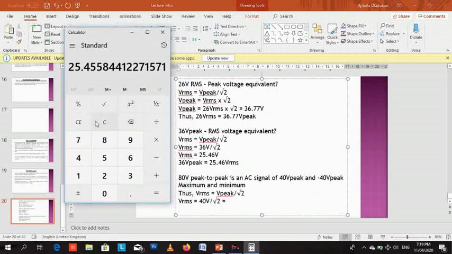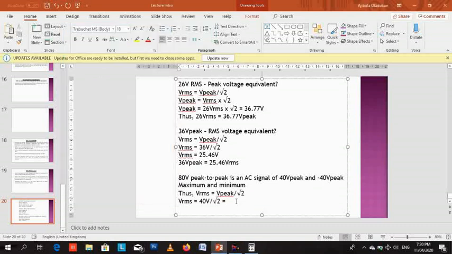The RMS voltage is 40 divided by root 2, which is 28.28 volts, because in our virtual laboratory, the live wire voltage source, we need to enter the RMS voltage and not V peak.